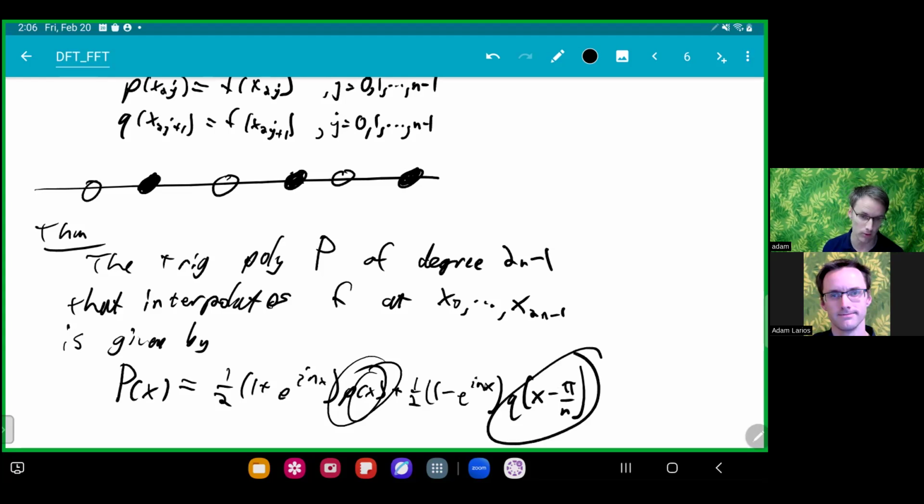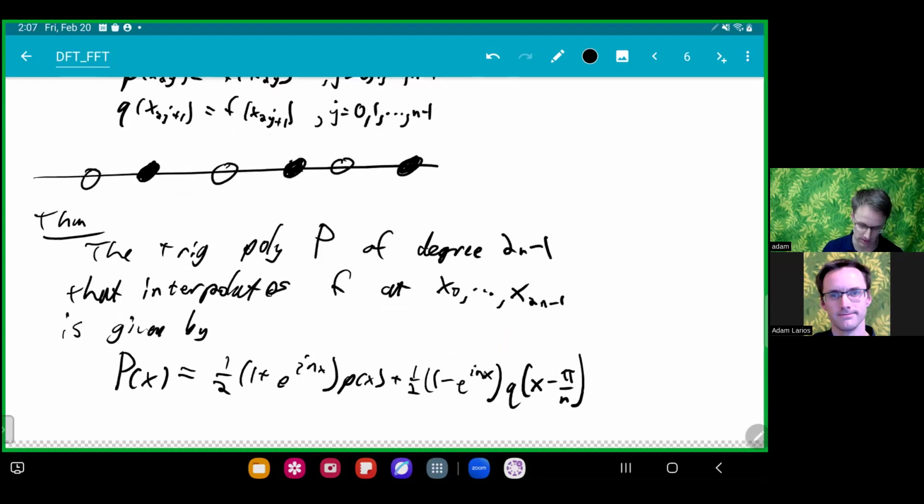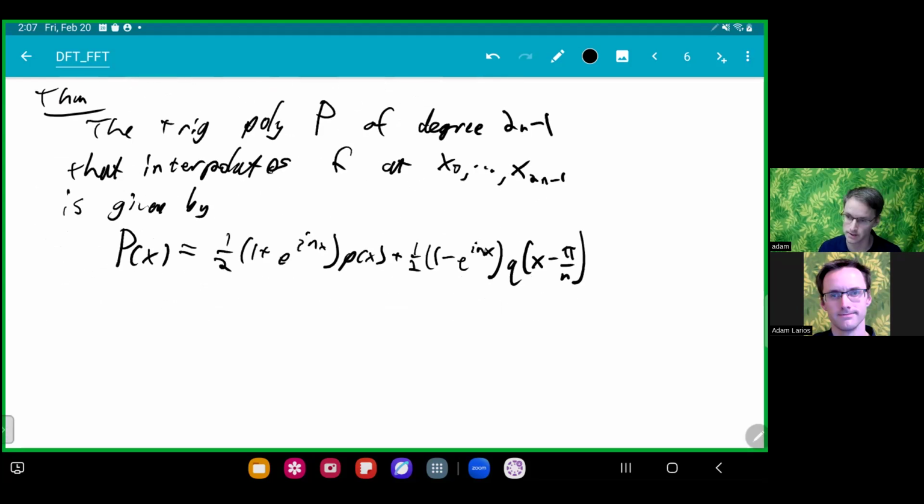We get another n squared over 4 operations to compute q, and then at the cost of a few more multiplications, this is roughly the sum of those. That is, we get something like n squared divided by 2 to compute the larger polynomial. So this is what's sometimes called a divide and conquer algorithm. We cut into smaller pieces that can be done easier, and then we push them back together by some operation like this to get the correct operation.